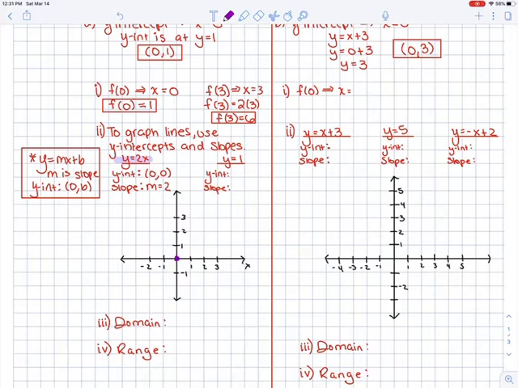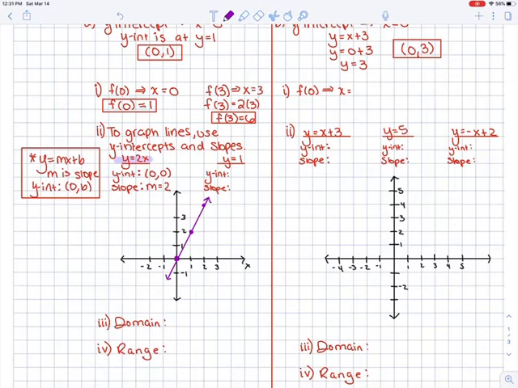And then I'm moving up 2 and to the right 1. So rise over run. Rising 2, so 1, 2, and then over 1. We can do another one, up 2 over 1, and so on and so forth. And this is the graph of our line.